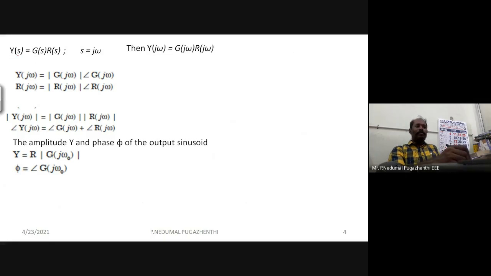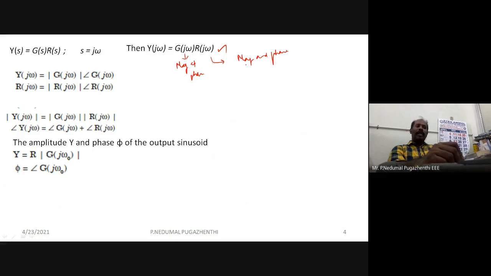You can see that if you have an output Y of s equal to G of s and R of s is your input, or you can also make it C of s, that is not an issue. C of s is equal to G of s into R of s. Now substitute s equal to j omega, this is your sinusoidal transform, and this particular G of j omega has both a magnitude component and a phase. In the same way R also has a magnitude and phase, because the input is also a sinusoidal input.